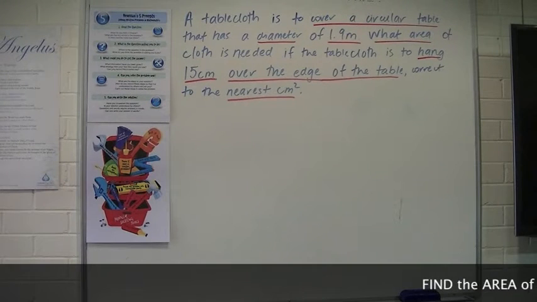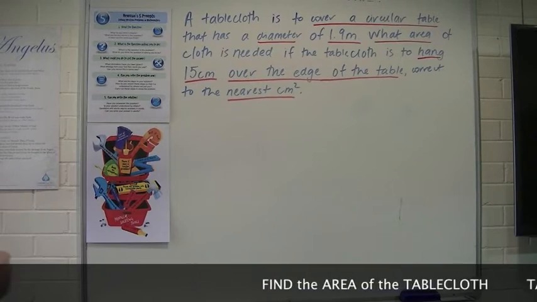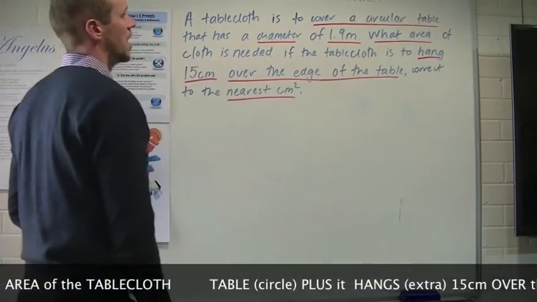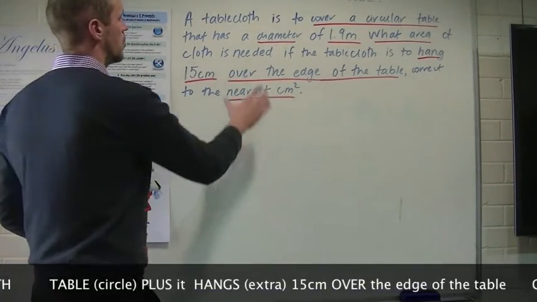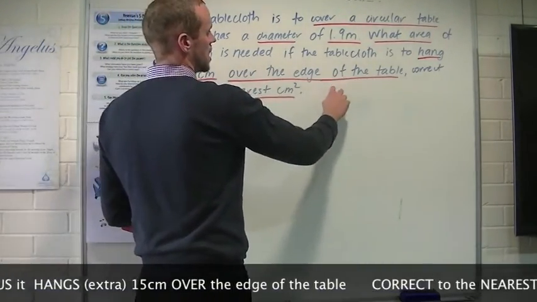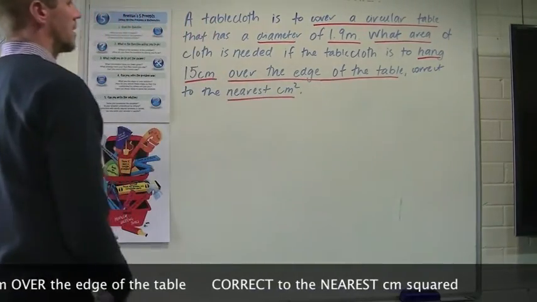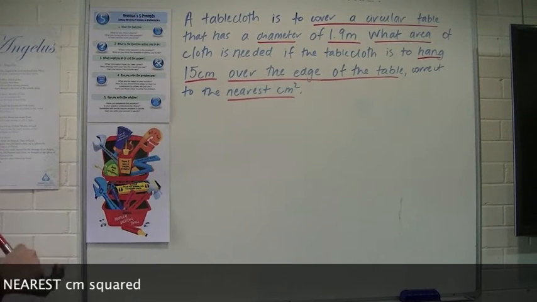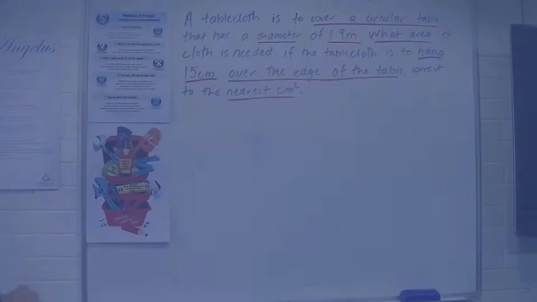What is the question asking us to do? The question is asking us to find the area of the tablecloth that is needed to cover the circular table with an extra 15 centimetres around the edge of the table. And it's correct to the nearest centimetre squared. So we're looking at area here.